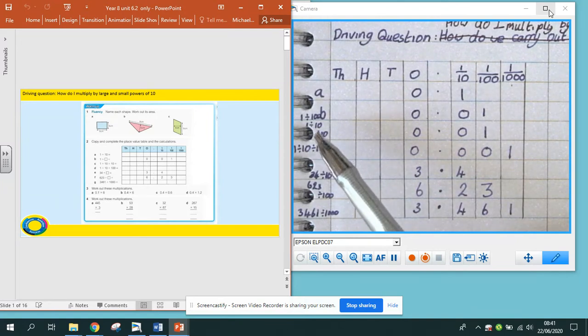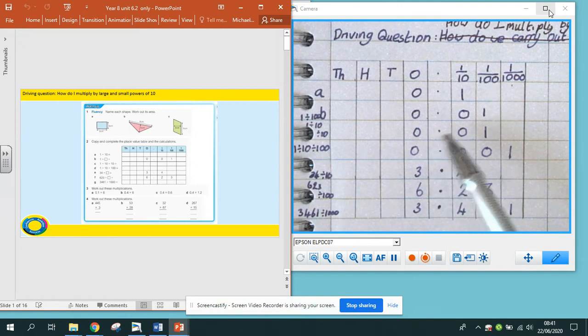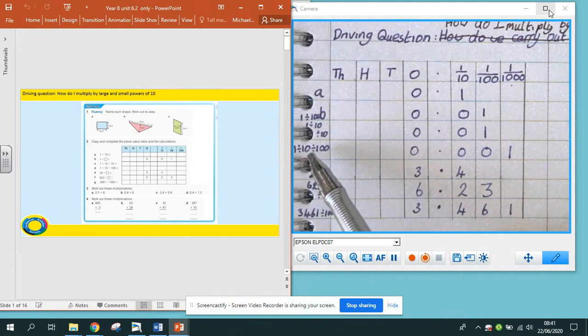C, which is 1 divided by 10 divided by 10, is 0.01. Again, dividing by 10 and dividing by 100 is much the same. The next one is 1 divided by 10 divided by 100. Well, 1 divided by 10 will get you to here, then divided by 100 is another 2 places, which will get you to 1,000th. This is the 1,000th column.